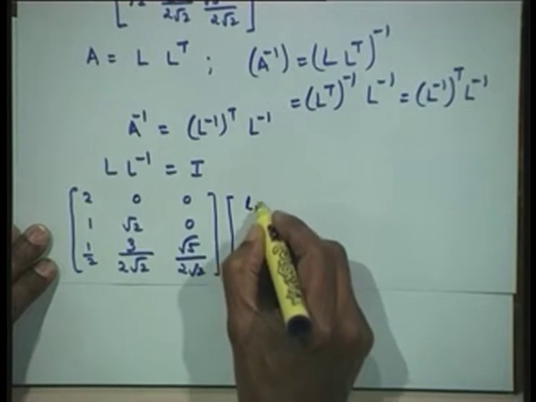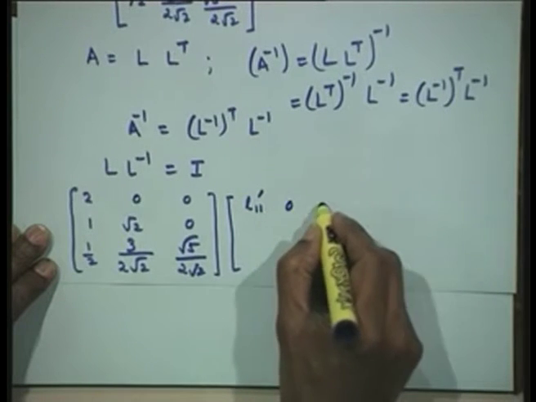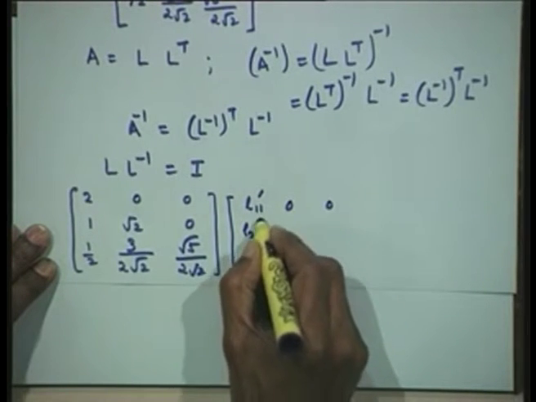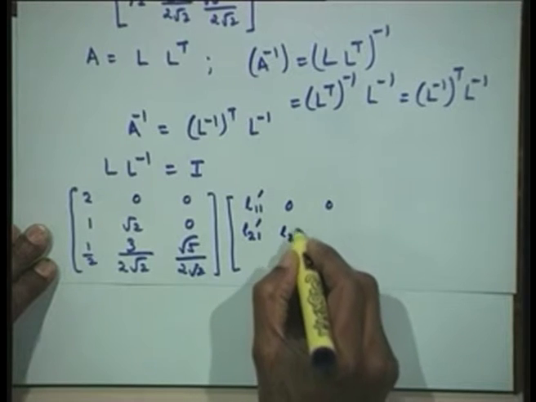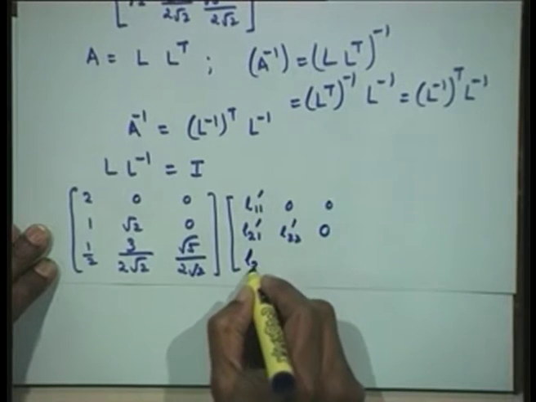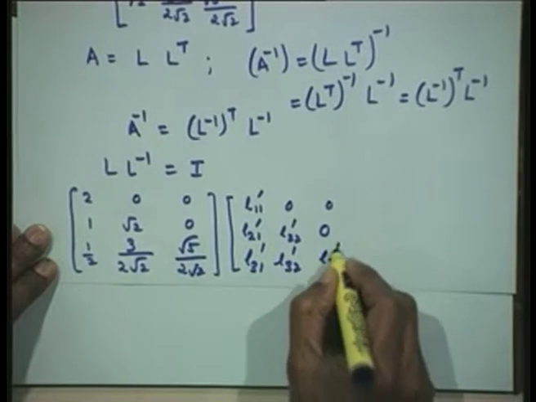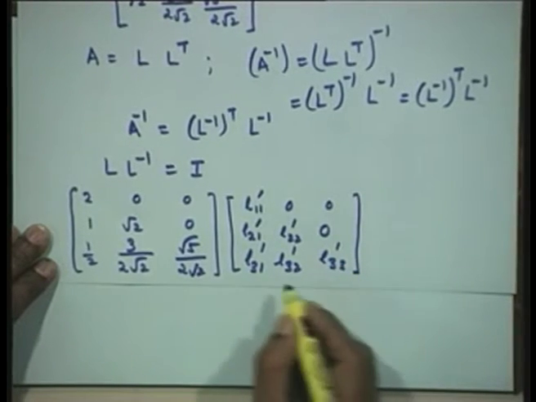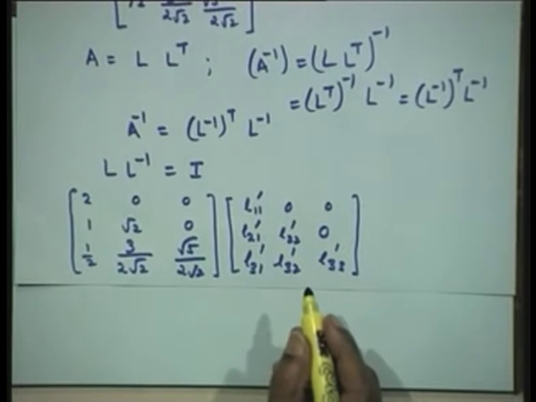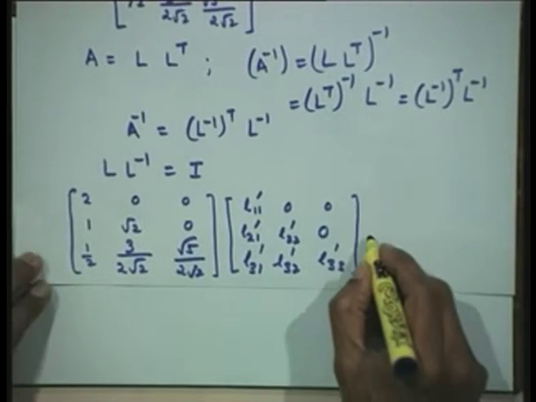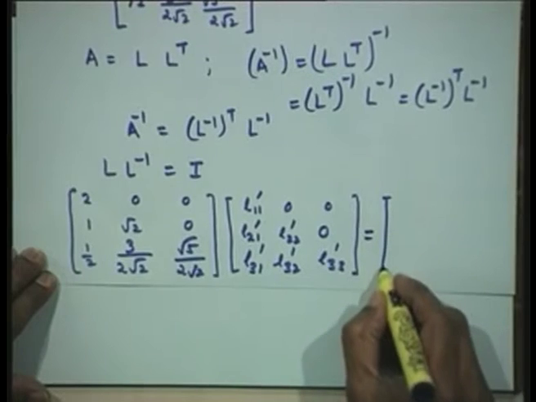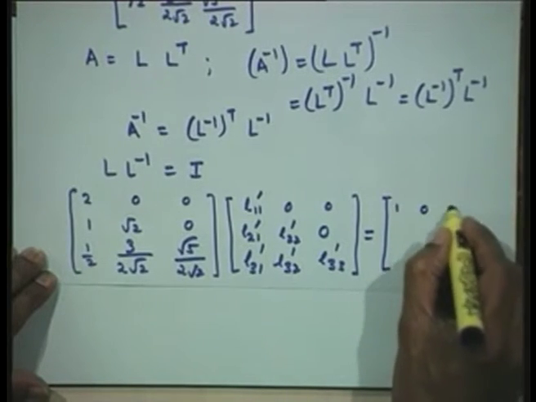Now, let us call this L11 dashed 0 0, L21 dashed, L22 dashed 0, L31 dashed, L32 dashed, L33 dashed. So, just denote the elements by the dashed terms. This must be equal to I.